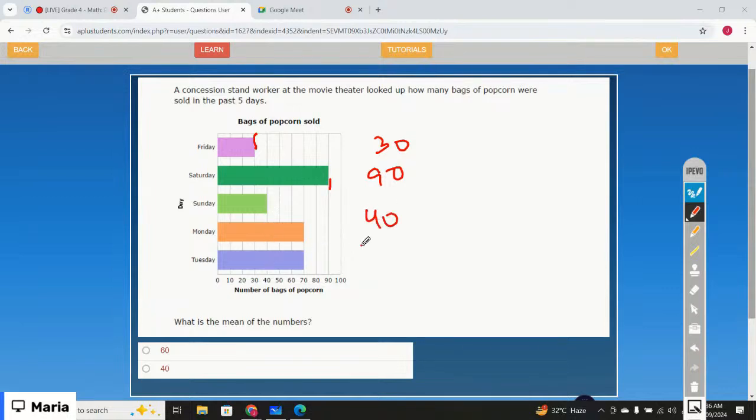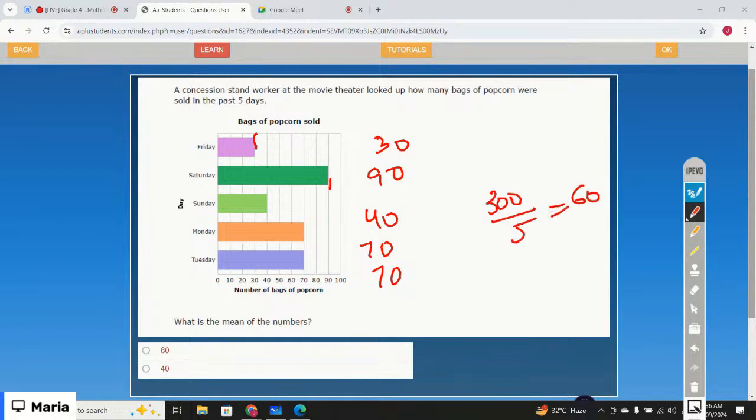40. 70 and 70, add and divide by 5 because there are 5 values. The total is 300, divided by 5, so the correct option is 60.